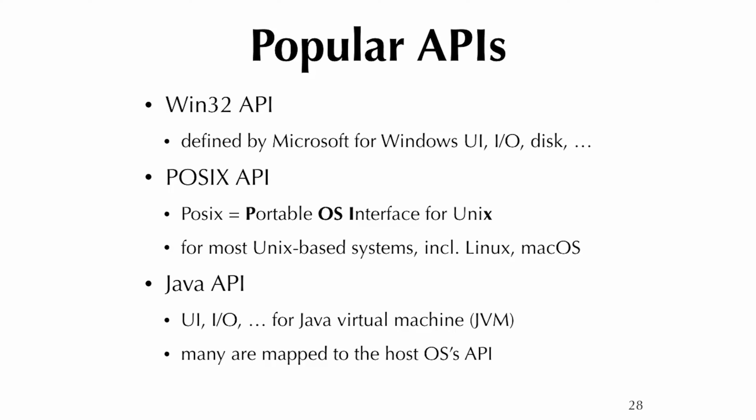So a Unix can implement a POSIX API. That way, they resolve the differences. So the calling interface differences get taken care of by this POSIX layer. So pretty much all modern versions of Unix are POSIX compliant. And even if you're not Unix, you could still implement a POSIX API if you really want to.